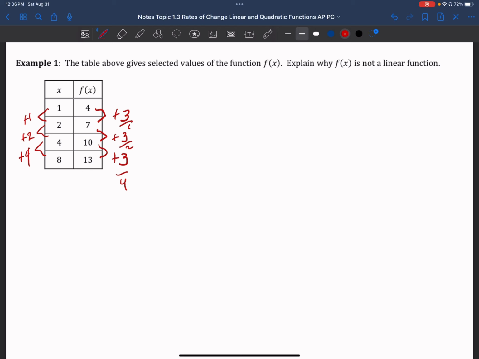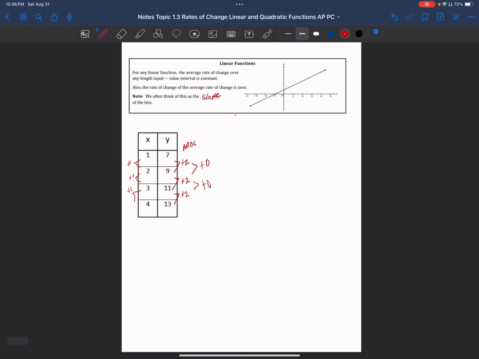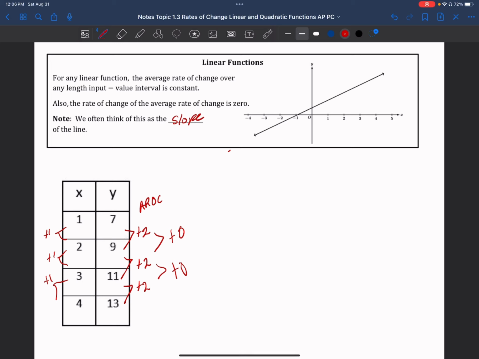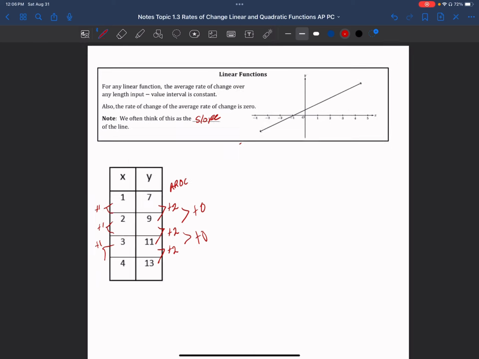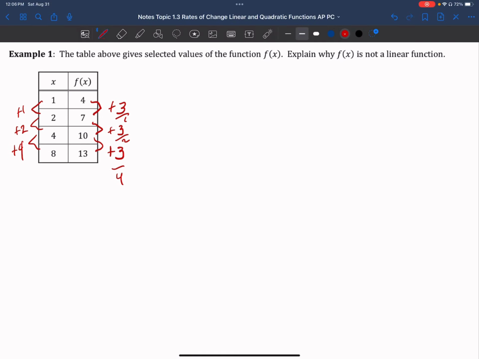So when I look at the rate of change, in order for me to have a linear function, these numbers have to be exactly the same based on the definition that we talked about earlier. It does say that the average rate of change over any length input value on the interval is constant. So we can use that to write our explanation and say I know f of x is not a linear function because the average rate of change in f is not constant.